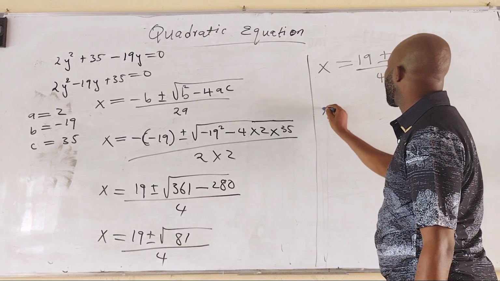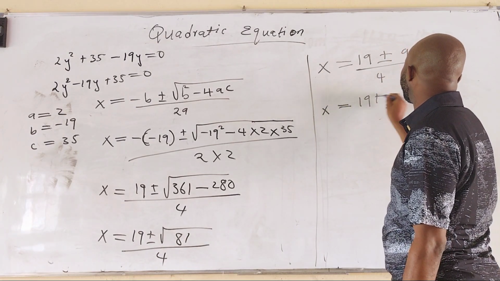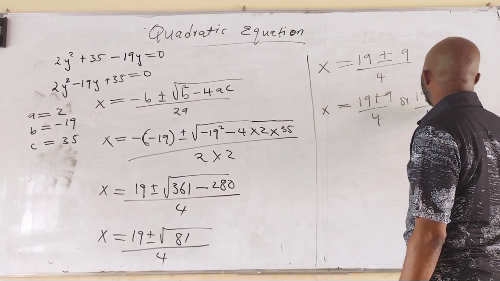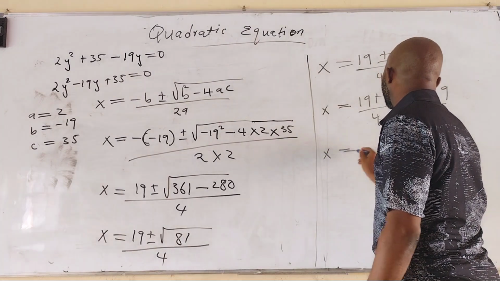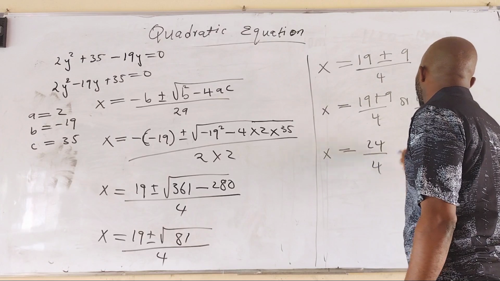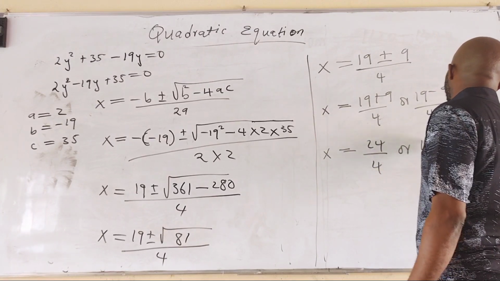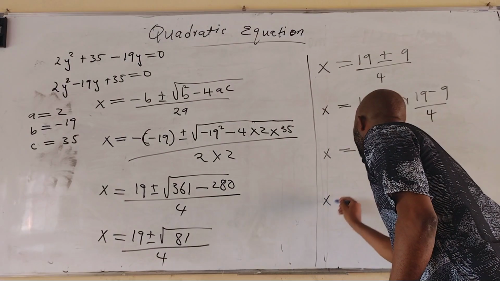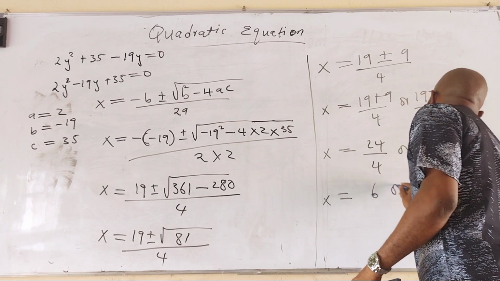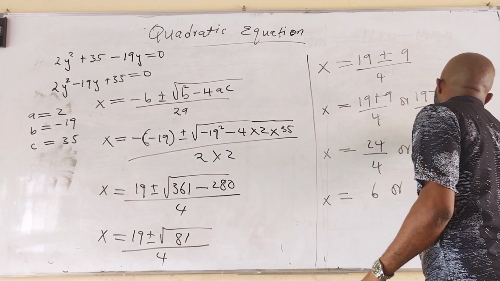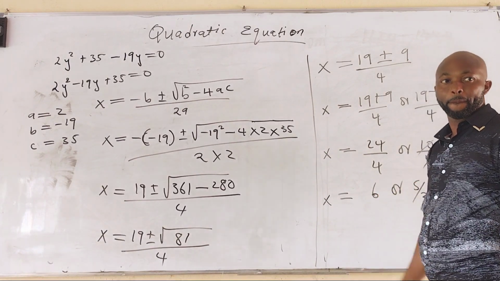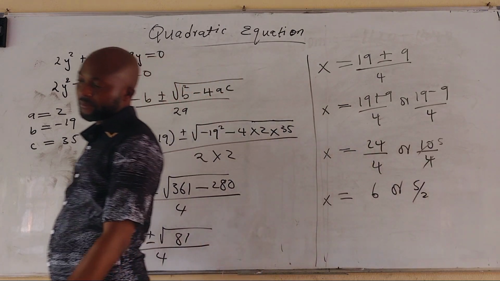And this is x is equal to 19 plus 9 over 4, or 19 minus 9 over 4. x is equal to 28 over 4, or 10 over 4. x is equal to 7, or 5 over 2. Stop there.